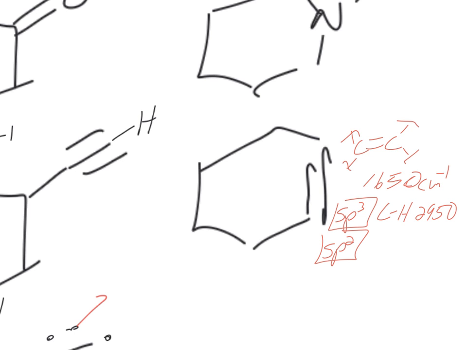So we've had sp3 hybridized CHs, but now we have sp2 CHs. Where are those at? The sp2 CH stretches where? Over 3,000. Yep, but where exactly? It's around 3,100. So you expect to see a sharp peak around 3,100. OHs are broad. All the CH stretches are very sharp. Okay?